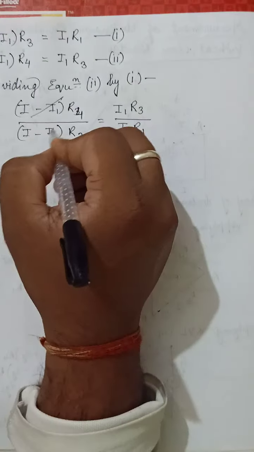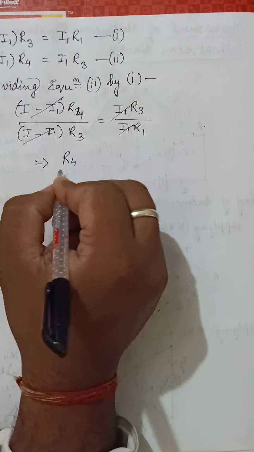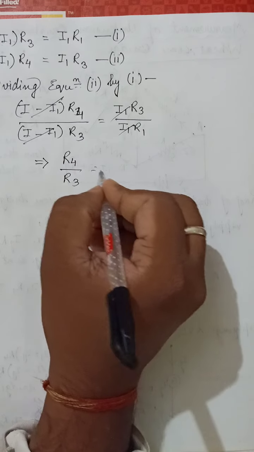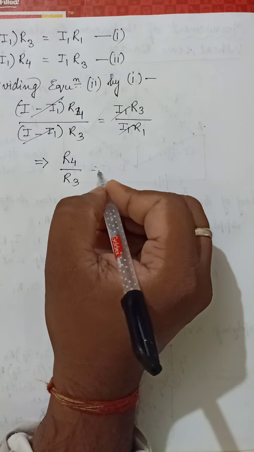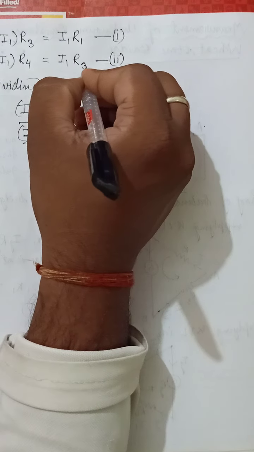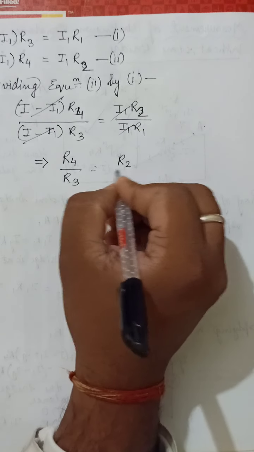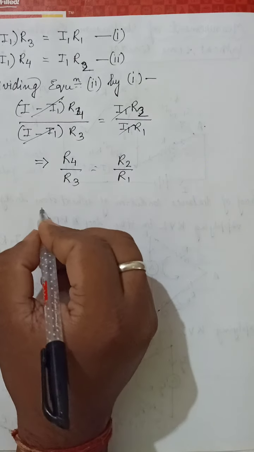So you can cancel this and this. So we are getting R4 by R3 is equal to R2 by R1.